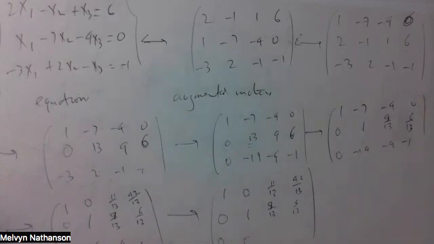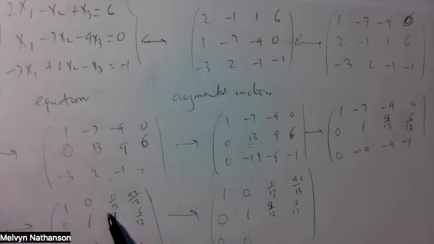So 19 times 9, 171. Minus 9 times 13 is... I'm not using a calculator, I'm trying to do everything by hand.